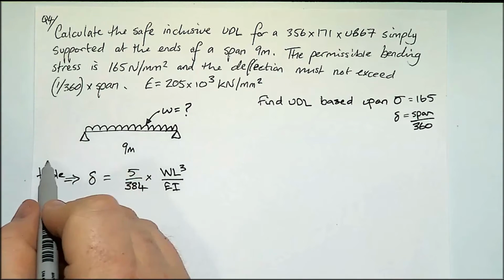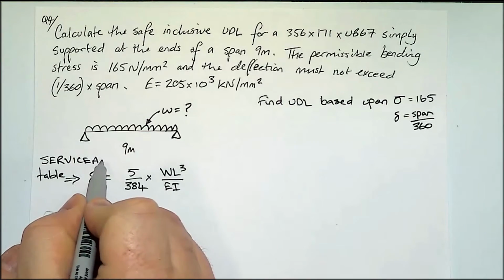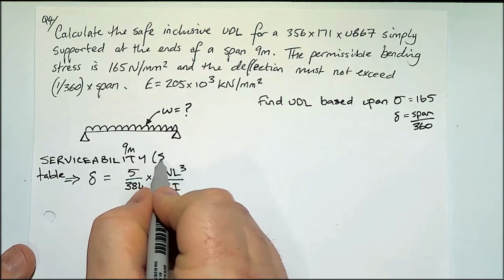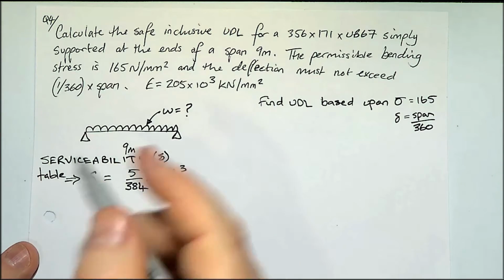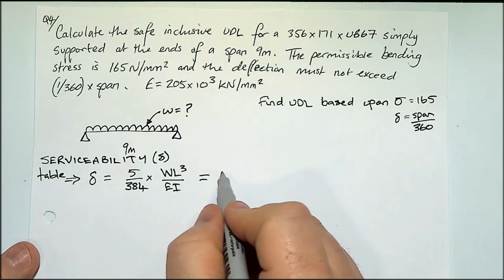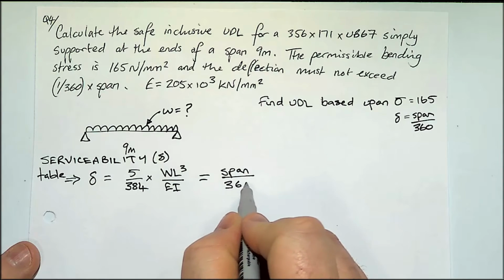So we're looking at the serviceability first, i.e. the deflection delta. We're told that the maximum deflection is the span over 360.